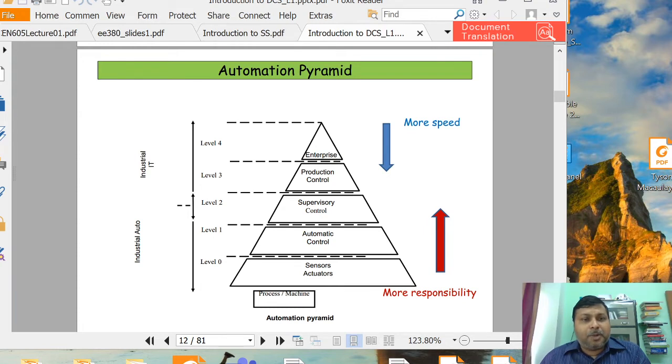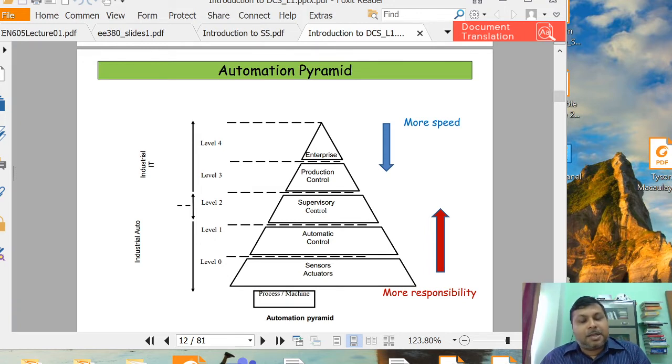As we move from level 0 to level 4, we understood how the responsibilities of the persons involved in each level change. We also understood the uses of each and every level.